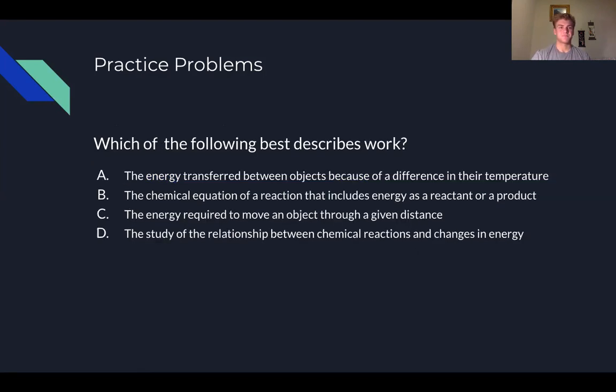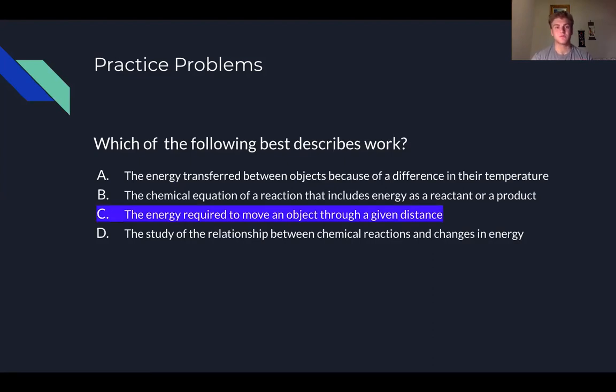Yes, moving on. Okay. Which of the following best describes work? Okay, so we just learned that heat is the transfer of energy between two objects. So what do you think work is going to be? I'll give you a second to read through those, circle the one you think is right. Okay, hopefully you got that right.